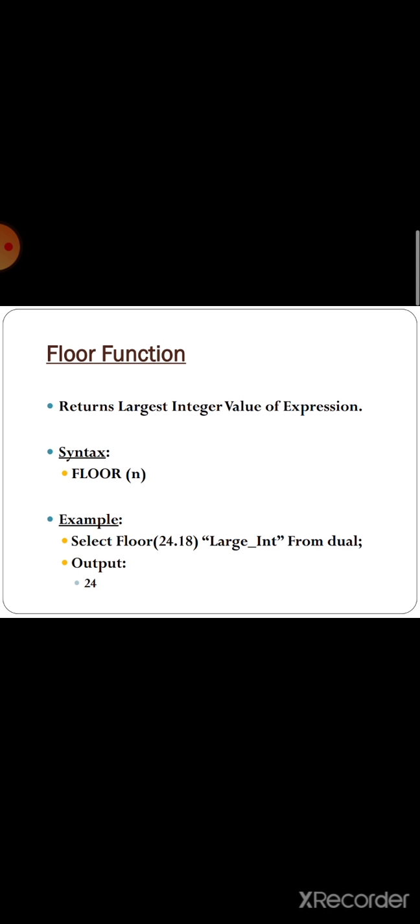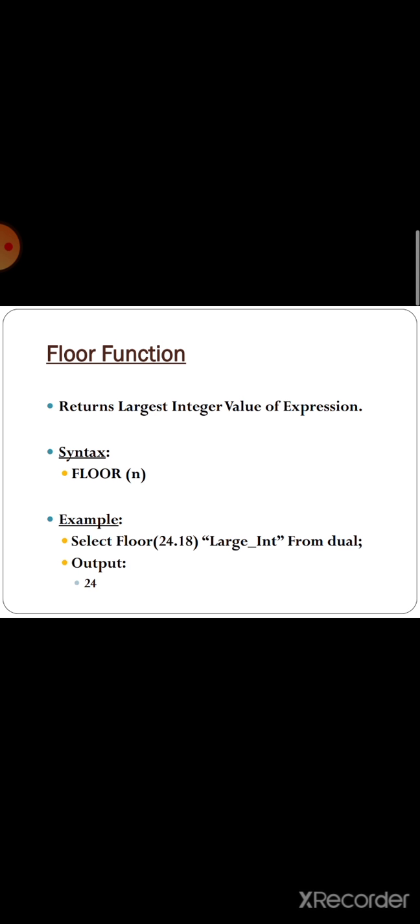Next function is the floor function. It returns the largest integer value of the expression. From the given number, the largest integer value will be the answer. You just see the example, then you can have the idea. Syntax is FLOOR of n. Example, select FLOOR of 24.18. So the largest integer value will be the output for this given number.